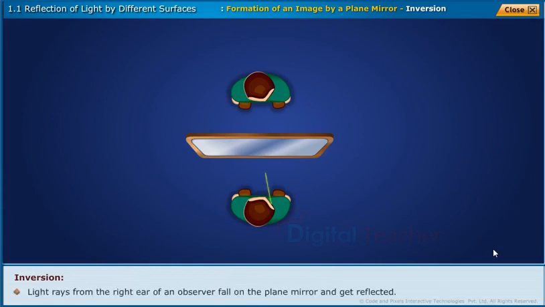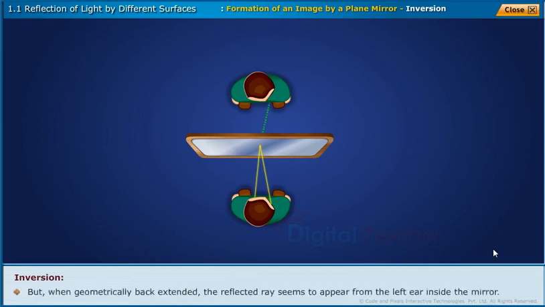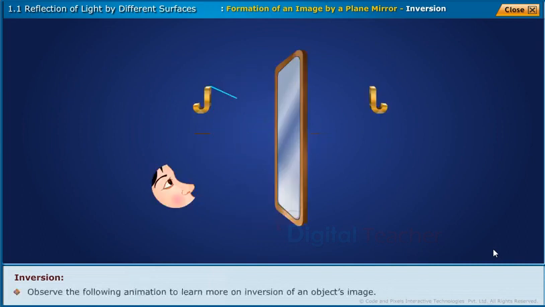Light rays from the right ear of an observer falls on the plane mirror and gets reflected. But when geometrically back extended, the reflected ray seems to appear from the left ear inside the mirror. Hence the right ear of an observer appears inverted as his left ear before a plane mirror. Observe the following animation to learn more on inversion of an object's image.